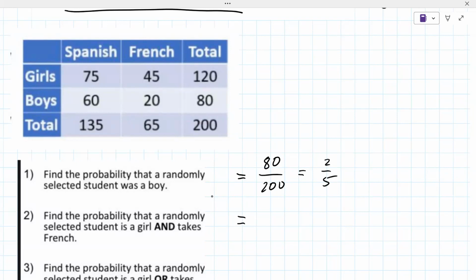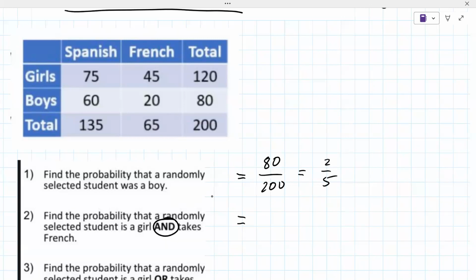All right. Problem two. 45 over 65, which is 9/13. Okay.